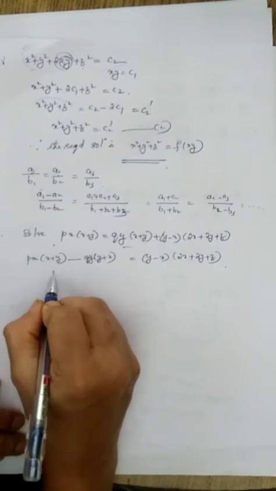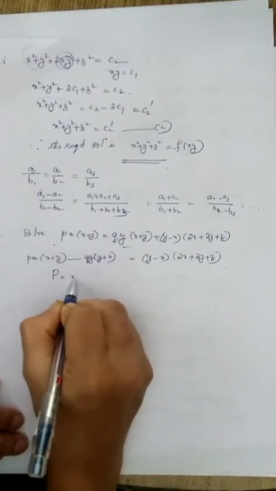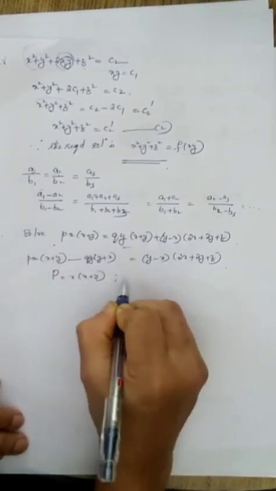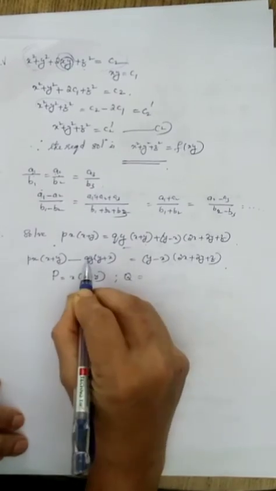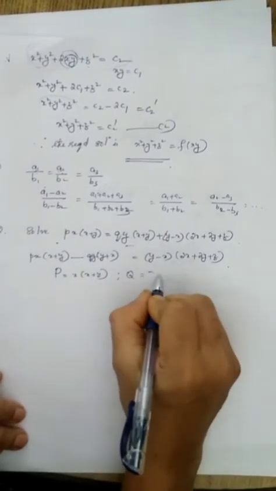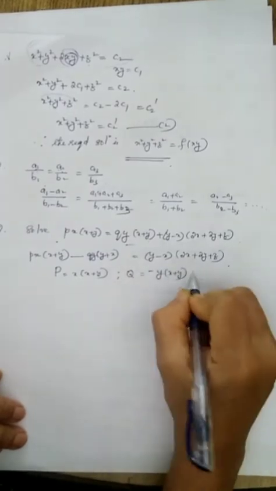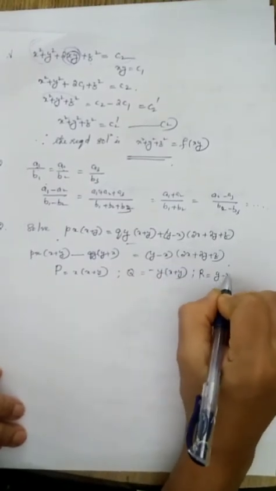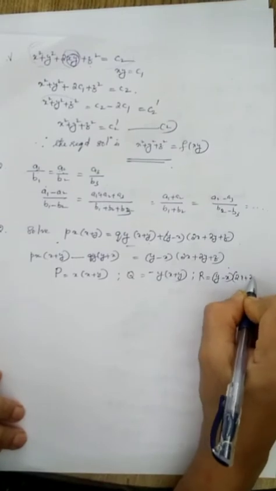So here the coefficient of small p, that is capital P, is x into x plus y, and capital Q, the coefficient of the partial derivative q, dou z by dou y, is minus y into x plus y, and R is equal to y minus x into 2x plus 2y plus z.